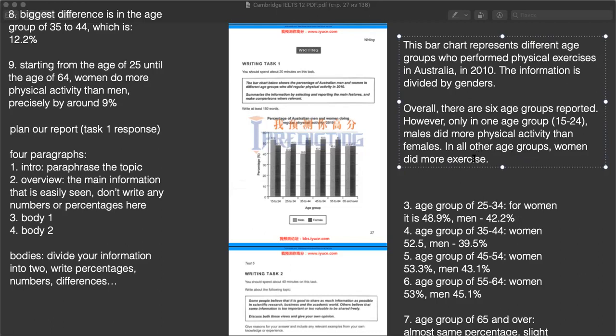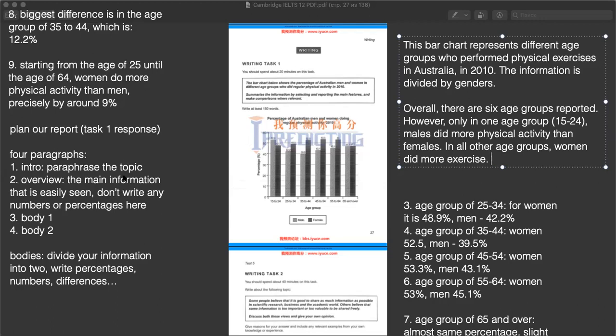In all other age groups, women did more exercise. It's okay for the overview because we don't see the numbers here. This is not a number, okay? This is the name of the group, age group of 15 to 24, and we don't write anything else. We just look at this and we can leave it.